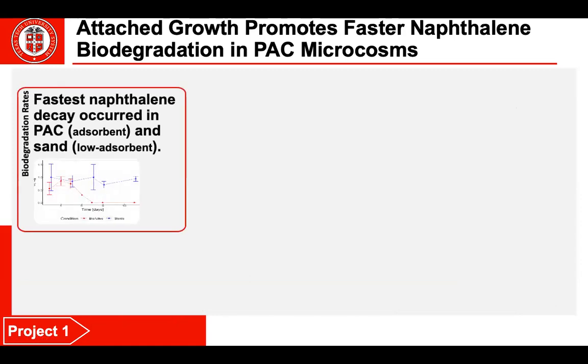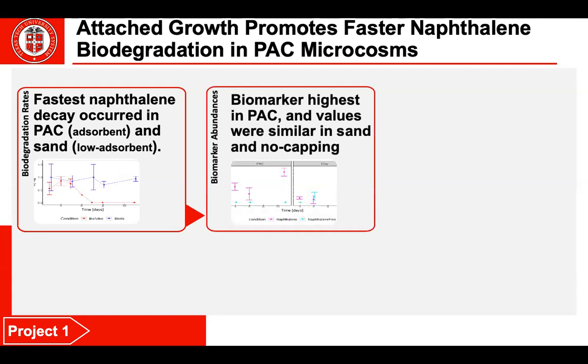So in summary, we saw rapid naphthalene decay in the presence of activated carbon in sand, which is the data that I didn't show, as well as in a system that did not contain media. We saw high biomarker concentrations in activated carbon, and then normalized values were similar in sand and no capping.